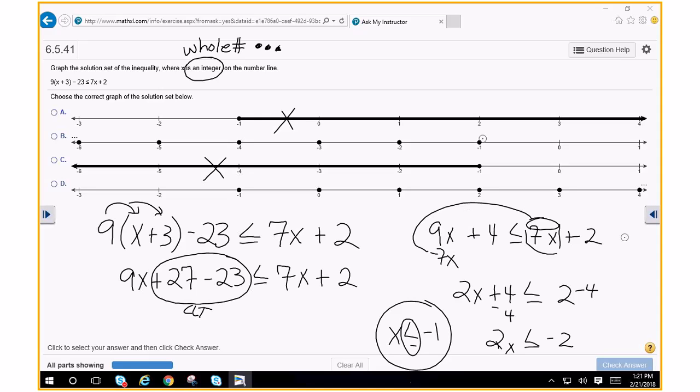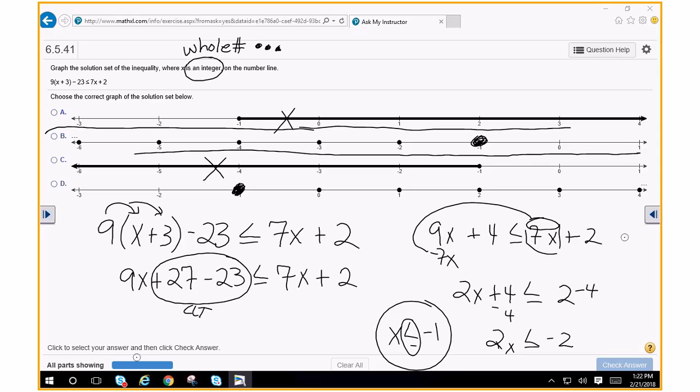Right here. And right here. What numbers are less than negative 1? To the left or to the right? So that's this one right here. So your answer is B.